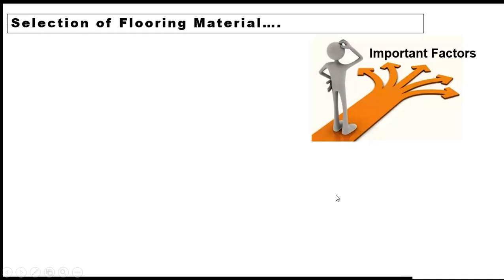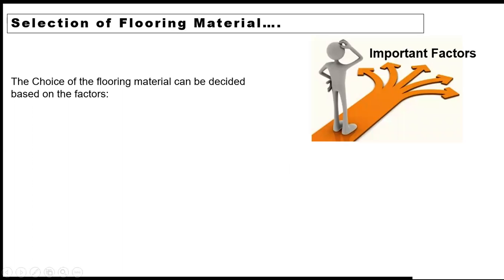Whenever we have to decide what material we will use in the flooring, we will be thinking about the various important factors which will affect the visibility of the floor as well as the strength of the floor, etc. So, important factors we have to take into account.